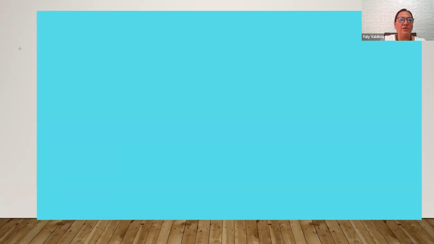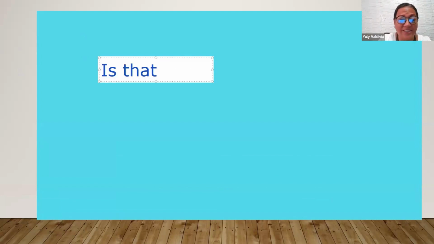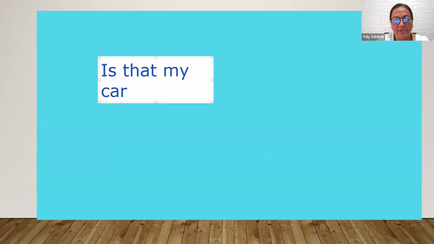So if we want to make a question, ese es mi auto. How do we say that? The car is far. The car is far. So we can say, is that my car? Is that my car? Oh, I want to know.